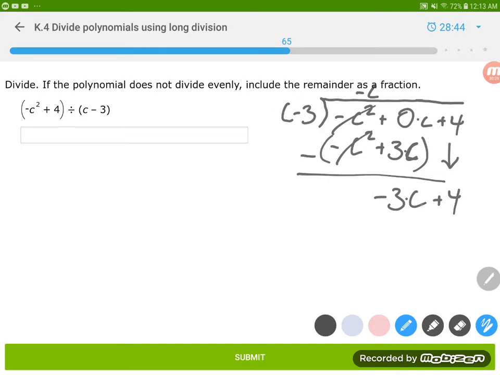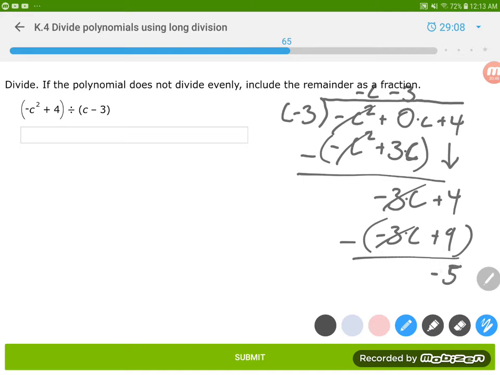So c divides negative 3c, negative 3 times. Negative 3 times c is negative 3c. And negative 3 times negative 3 is going to be positive 9. We subtract this. These two will cancel. And 4 minus 9, that's going to be equal to negative 5.